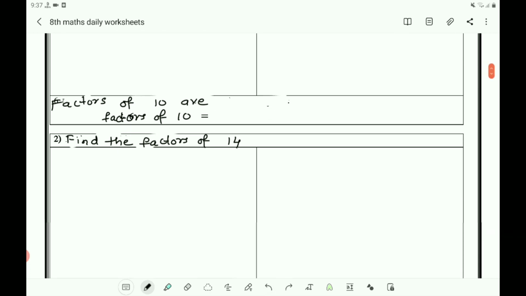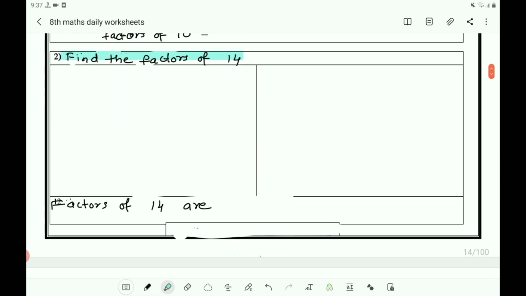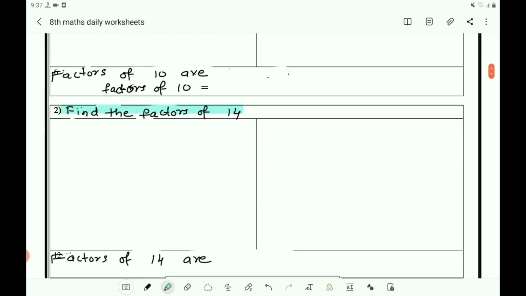Then find the factors of 14. Follow the same steps and find the factors of 14. And also write the factors of 14 here. Naturally you can say that 14 is completely divisible by 1, 2, 7, 14. 1, 2, 7, 14 are the factors.